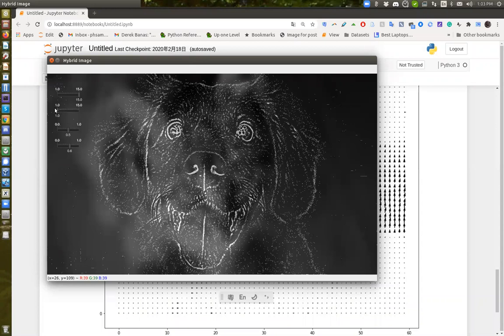Oh okay, I probably should scale this down. Maybe I lower this filter. Yeah, is that more clear now? Yeah, now I'm expecting something like that.